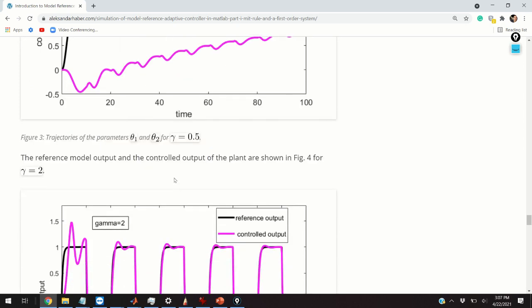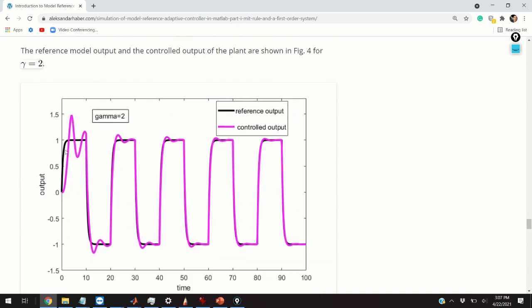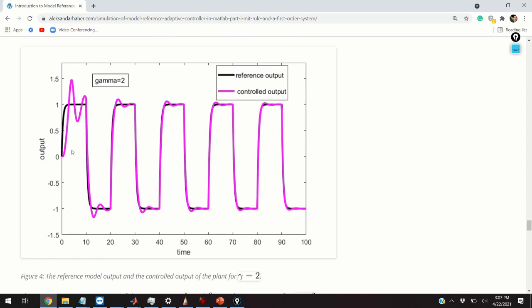Okay, so let's see what happens when we increase gamma to 2. Well, we see a dramatic change. First of all, we can observe that the tracking performance after, let's say, 50 seconds is almost perfect. However, the price we need to pay is an increase in overshoot, right? We see more overshoots over here.